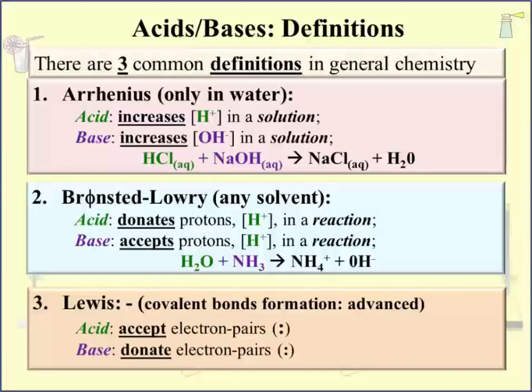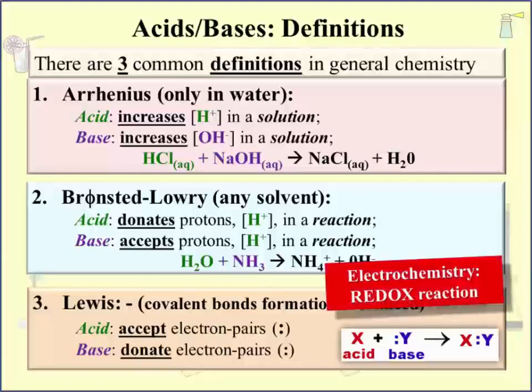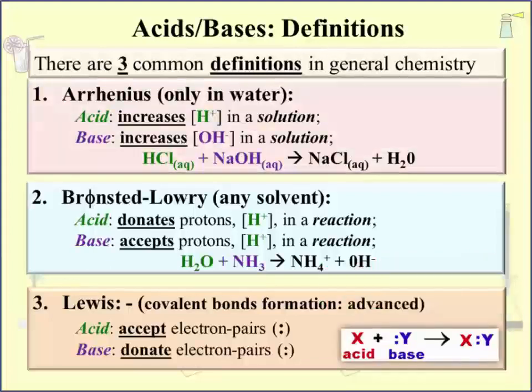Lewis bases donate electron pairs. The general form of this looks like this. The base shares 2 electrons with the acid, forming a covalent bond. Lewis acid-base chemistry is found in the study of electrochemistry and in the redox reaction. That is all we're going to cover with Lewis acids and bases in this lecture.